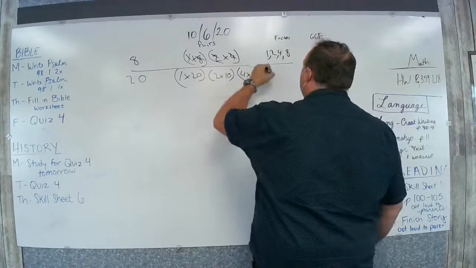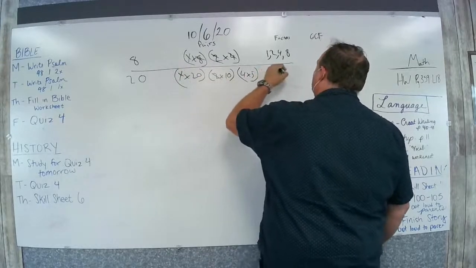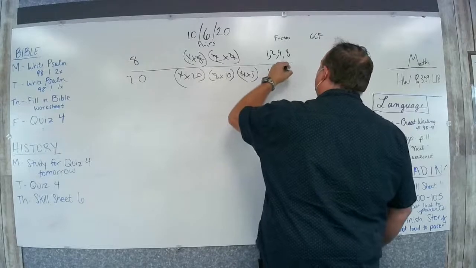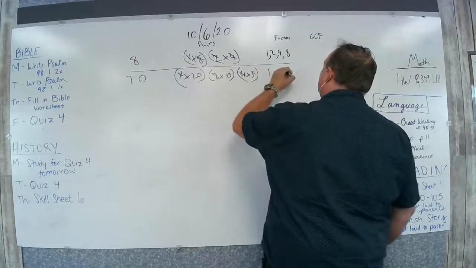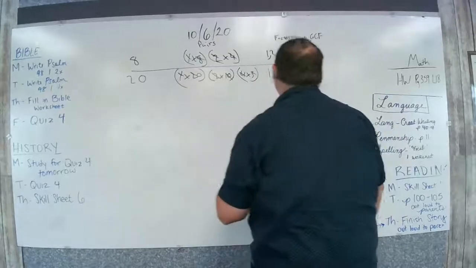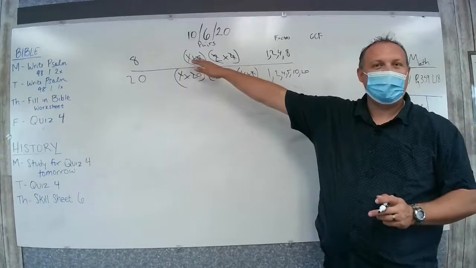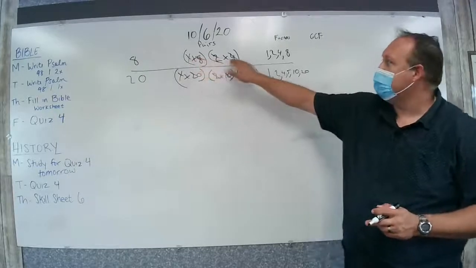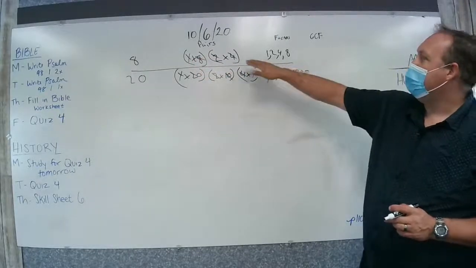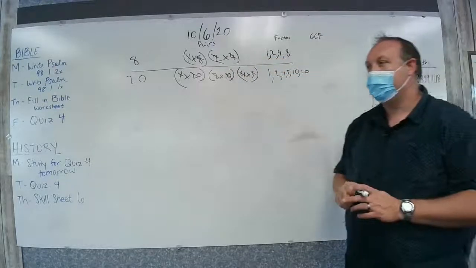Down here I have 1, 2, 4, 5, 10, and 20. So you see what I did? I just took the numbers right here, my pairs. Then I took all the numbers and listed them in order.